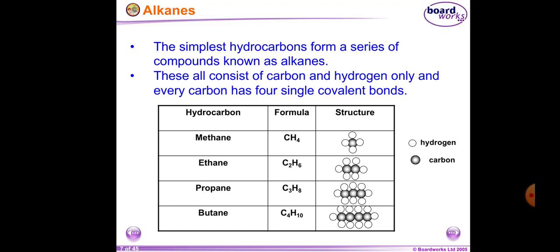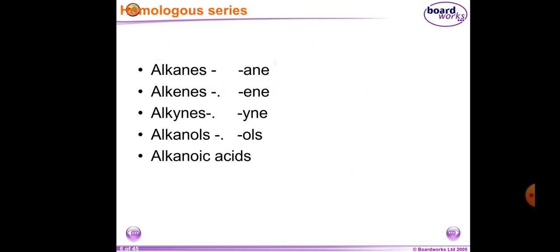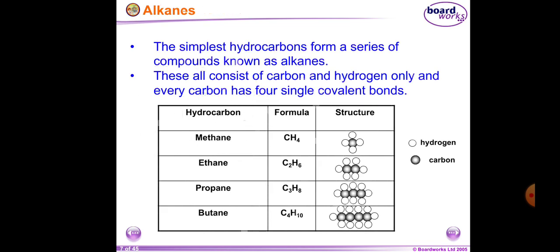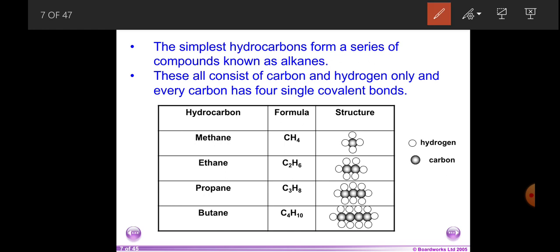So remember, we said that there is a specific way in which these hydrocarbons start and how they end. For all the alkanes, the first member of this group starts with the prefix meth, and therefore you get the entire name methane. The suffix is ane.